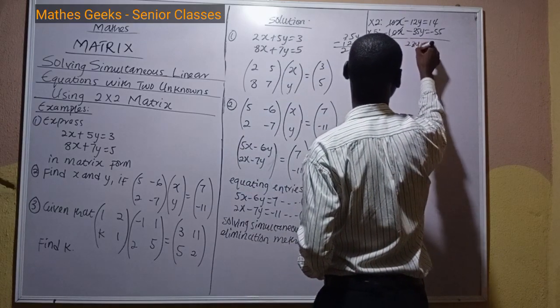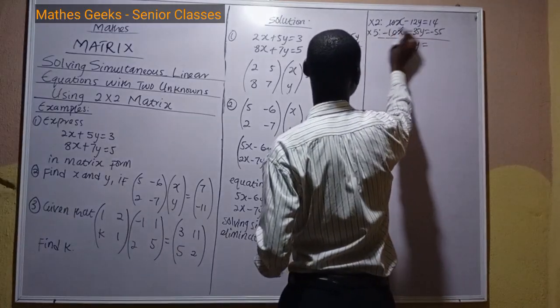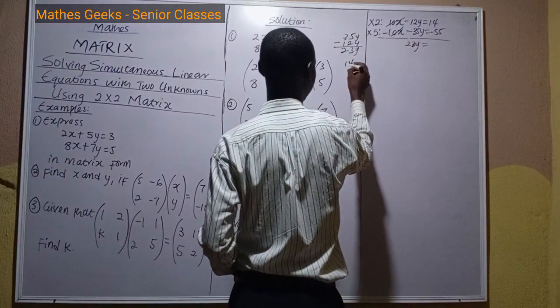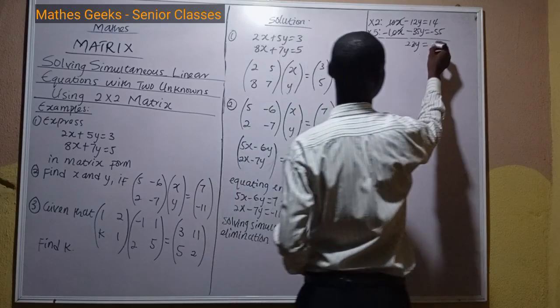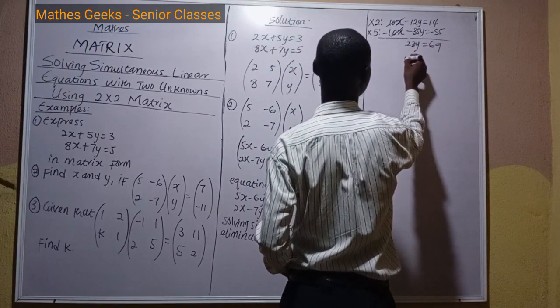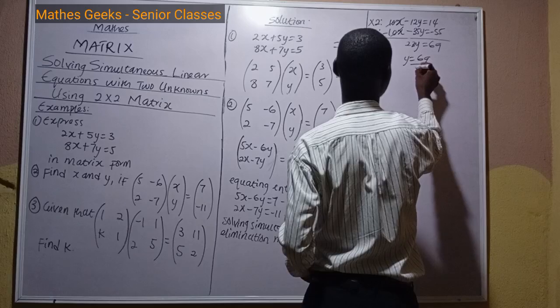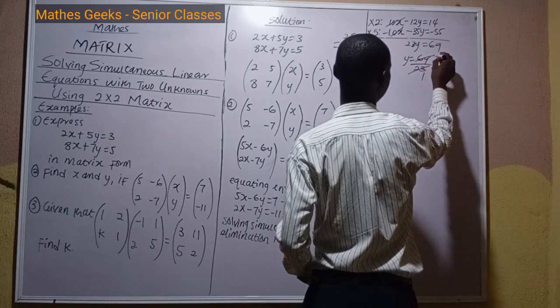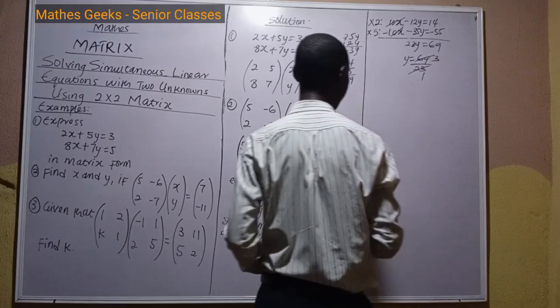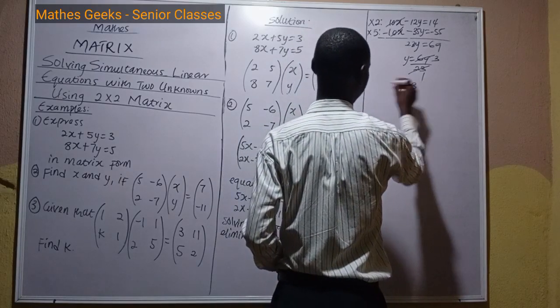This is 23y equals minus minus is plus, so 14 plus 55 is 69. So y is equal to 69 over 23, and 23 into 69 is 3. So y is equal to 3.